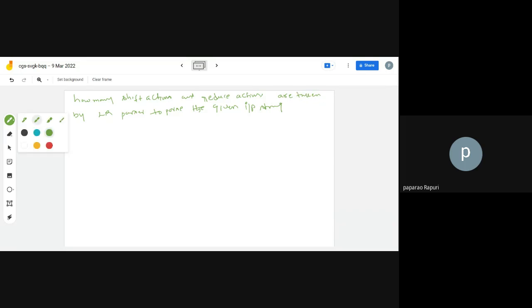The input string is ID plus ID star ID. So this is the given input string.